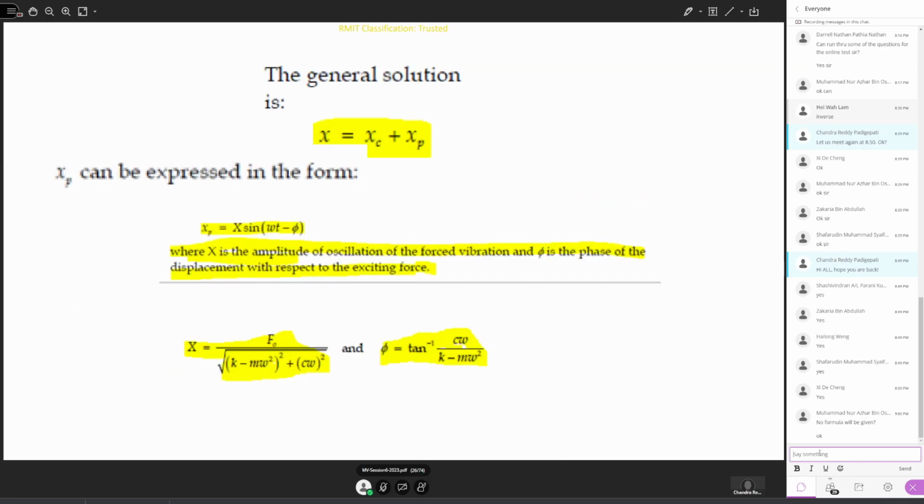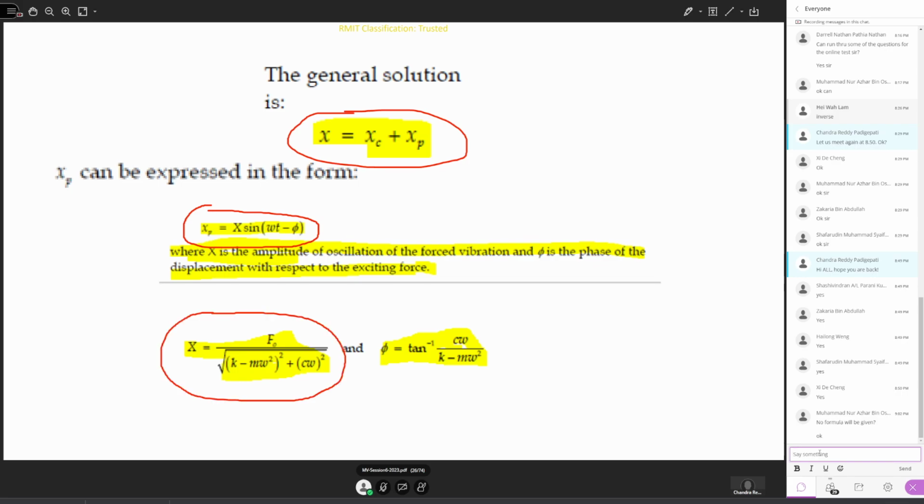We can write the two forms here. The particular solution we can write in this way. Here the displacement of the system x you can calculate from this expression, or you can calculate from this.